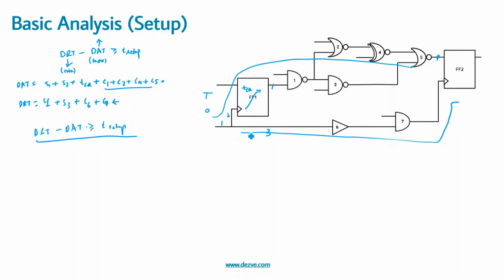Then the capture clock would start at 0 plus t, correct? So the data required time will become t plus all these values, correct? Now DRT minus DAT should be greater than or equal to setup for this requirement to match, correct? So that's the thing.